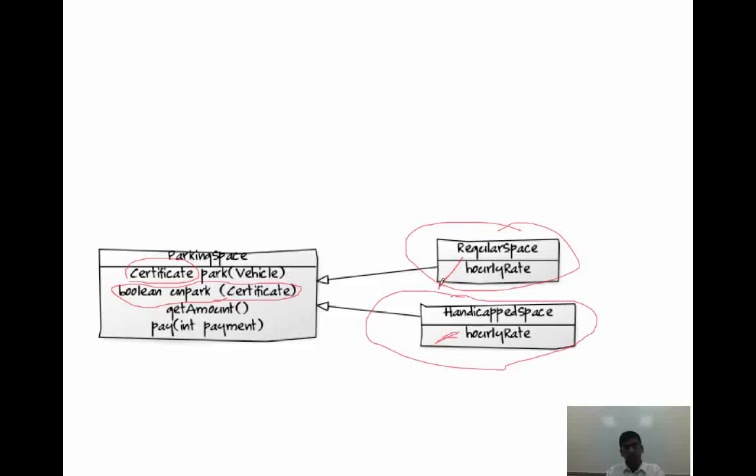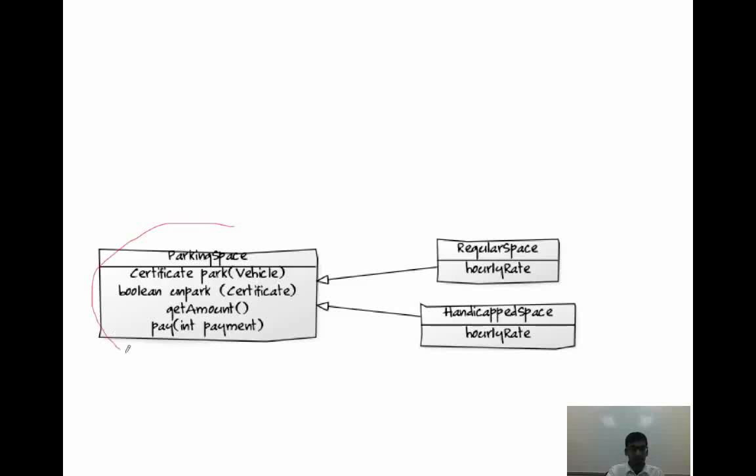So now when you want to create an object, does it really make a whole lot of sense to create an object of the parent class parking space? You have a parent class parking space and these two child classes, regular space and handicapped space. Would you ever want to create an object of the parent class parking space?